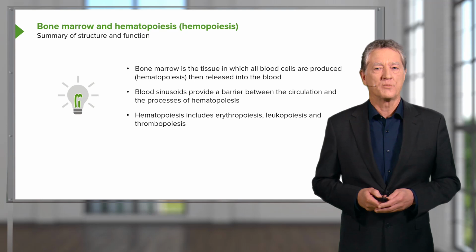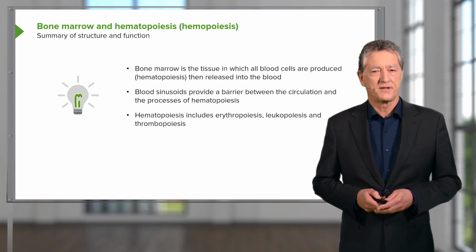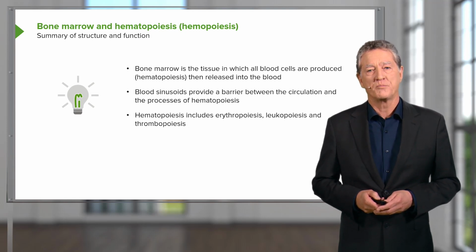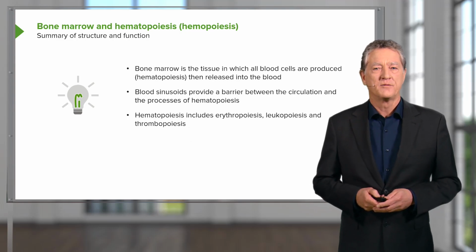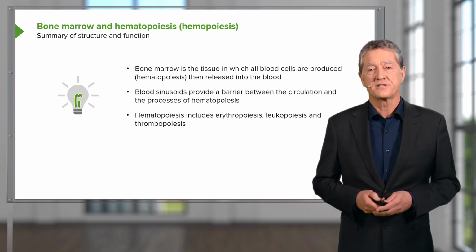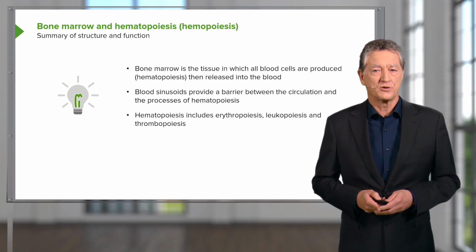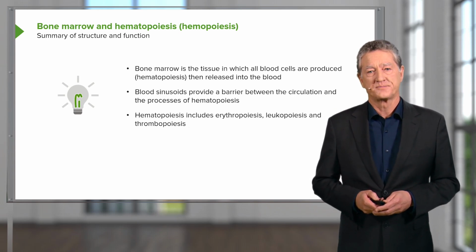I'm not going to talk about the blood sinusoids in this lecture, but I just want to stress that they do form a very important barrier so that external factors don't interfere with the process of hematopoiesis and the training of all these different blood cells to be able to do their job once they're released into the circulation. I'll talk about blood sinusoids in more detail when we look at the cardiovascular system and other systems.